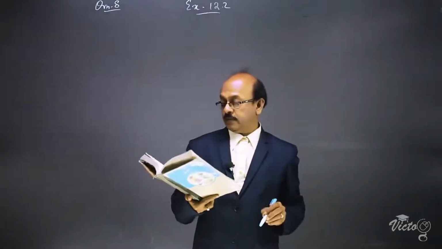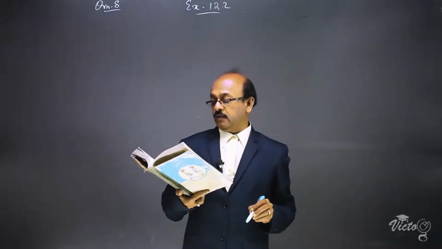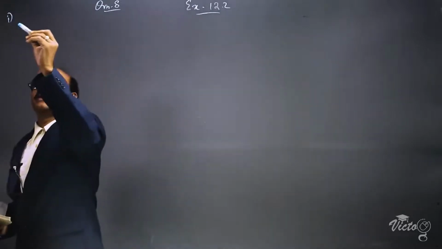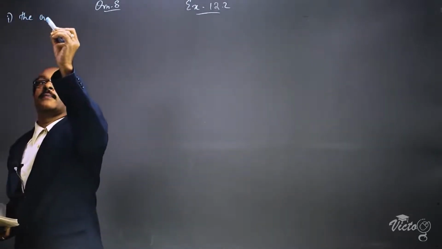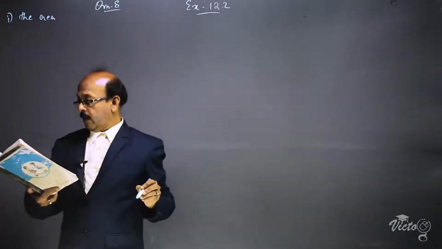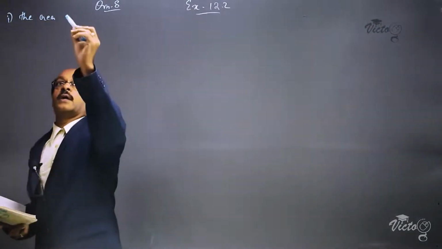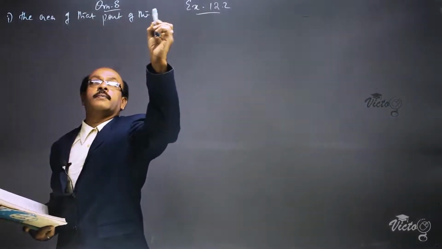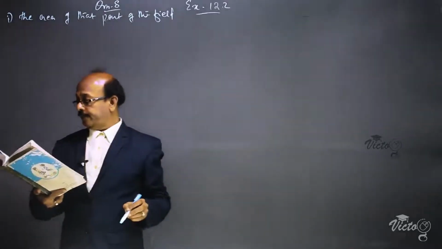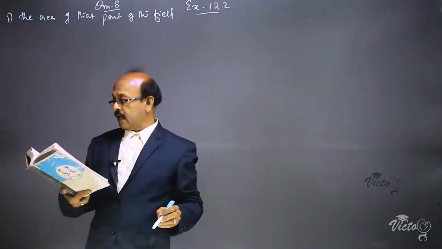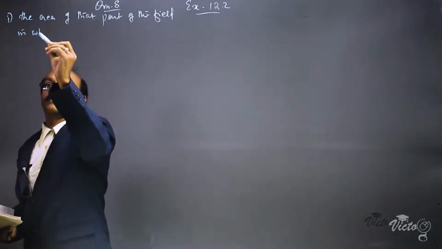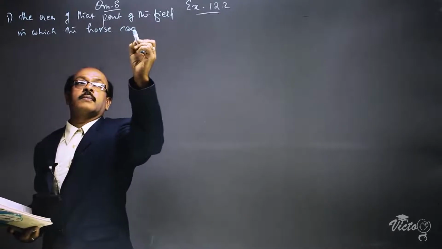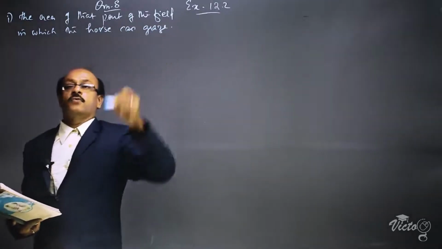Find first, the area of that part of the field in which the horse can graze. This is the first thing we have to find out.